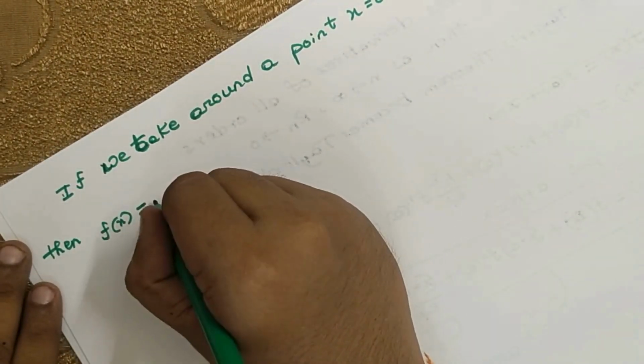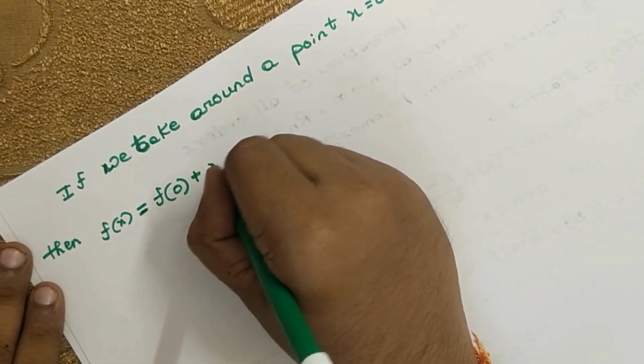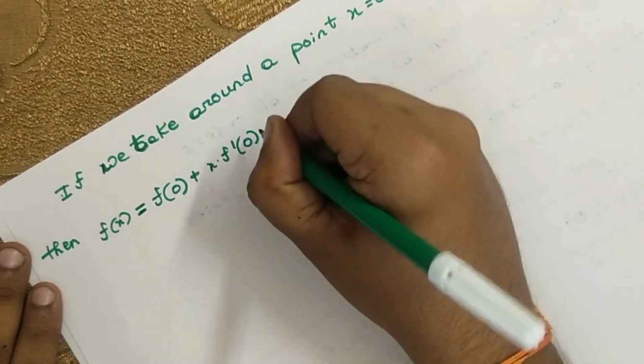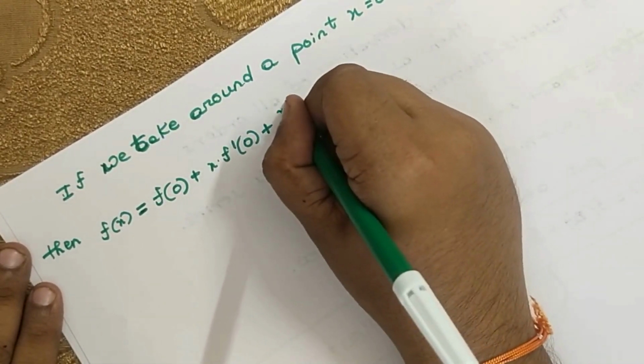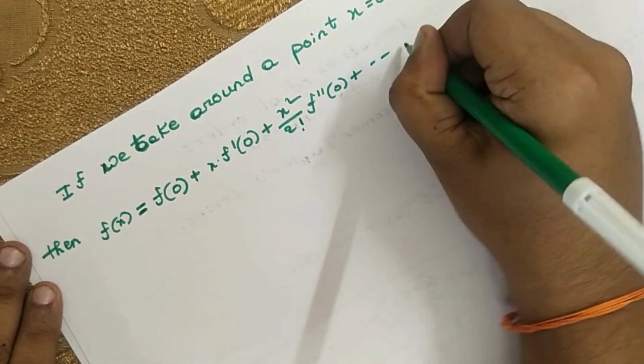So f of x will be f of 0 plus x into f dash of 0 plus x square by 2 factorial into f double dash of 0 and so on to infinity.